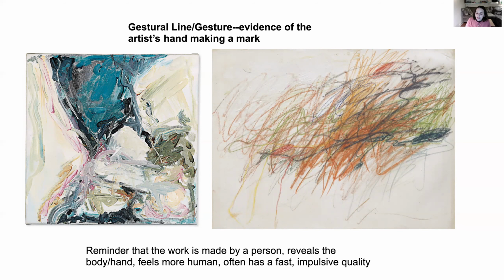You can also think of it like when you can see the paint brushes, paint strokes in an image, like the one on the left, you can see evidence of the artist's hand. So again, it's this feeling of it's kind of impulsive, it's fast, it's immediate, it's instant. They're not trying to hide anything. It's very revealing, kind of raw.